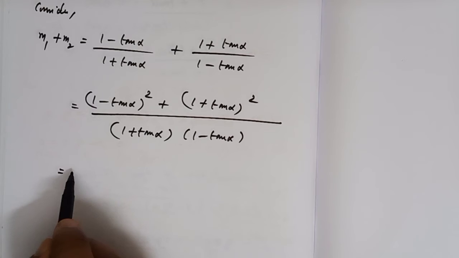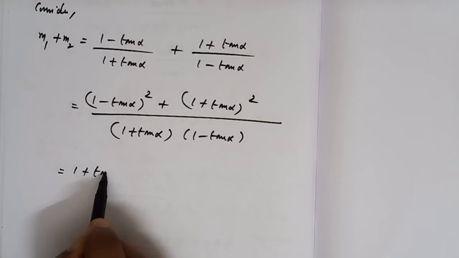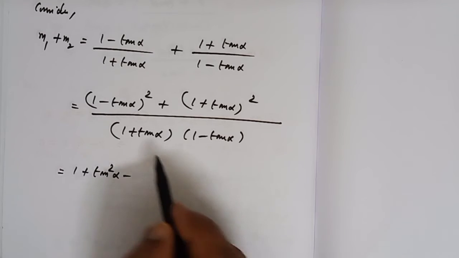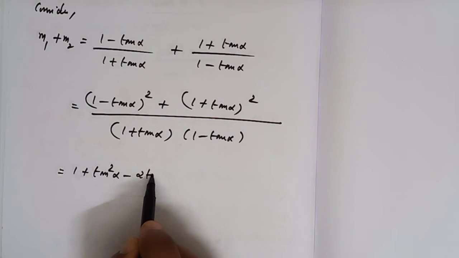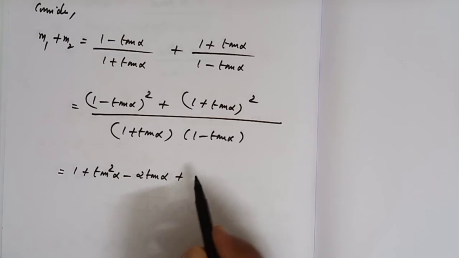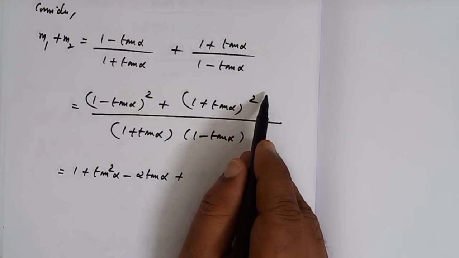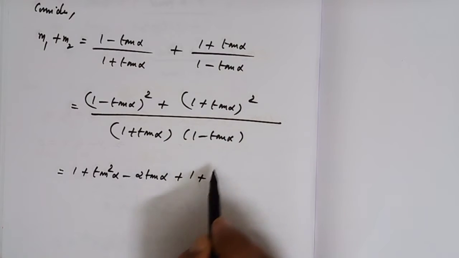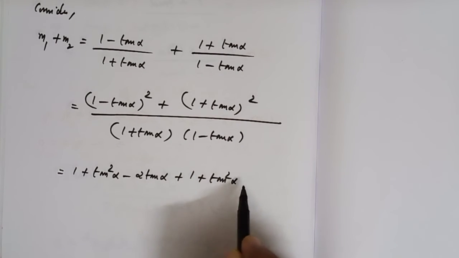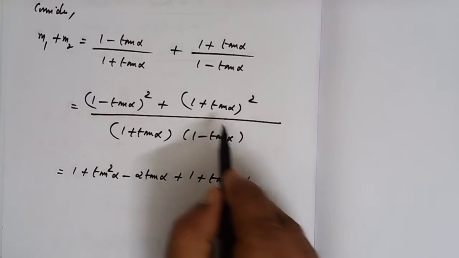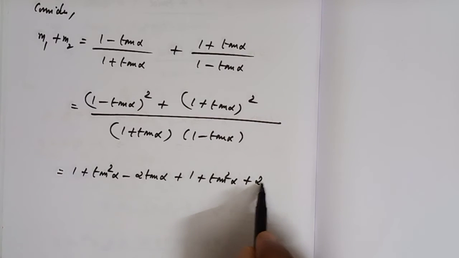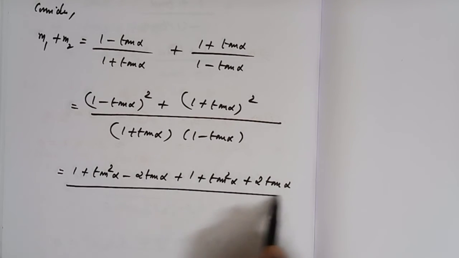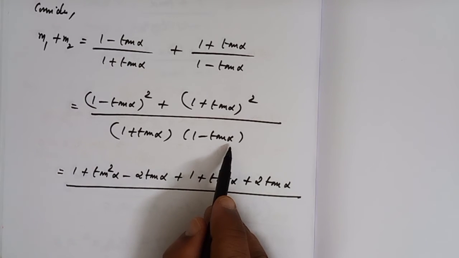You'll get a square plus b square, that is tan square α, minus 2ab, 2 into 1 into tan α, 2 tan α. For the second one you have to apply the (a + b) whole square formula: 1 squared is 1, plus tan squared α, plus 2 tan α, all divided by (1 − tan α) into (1 + tan α).